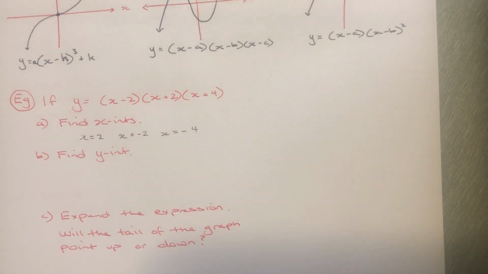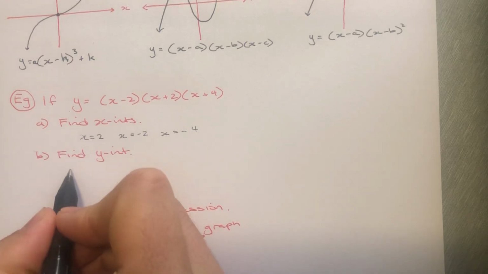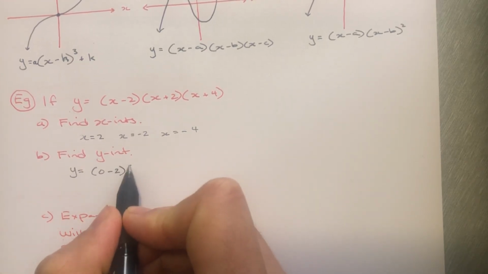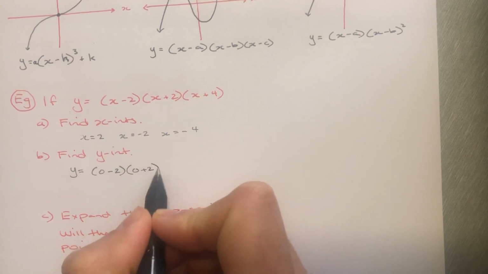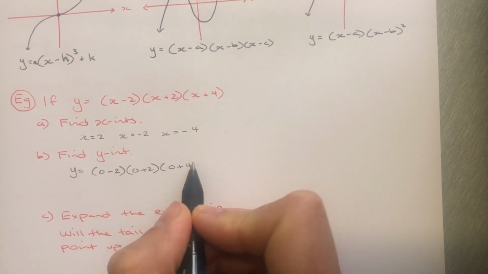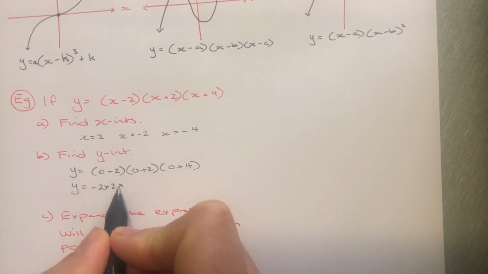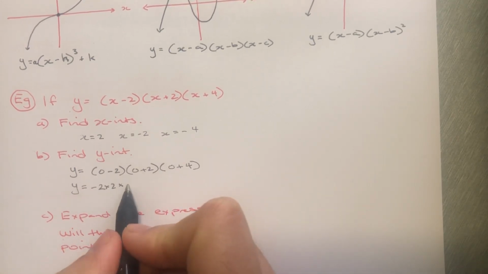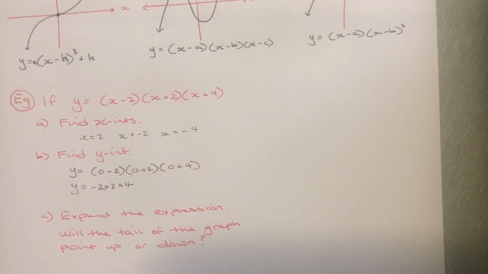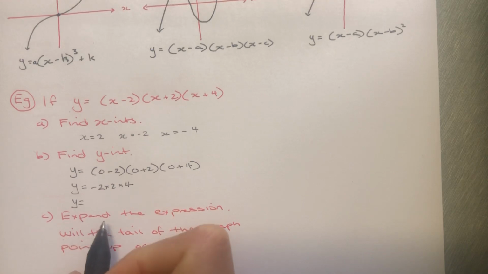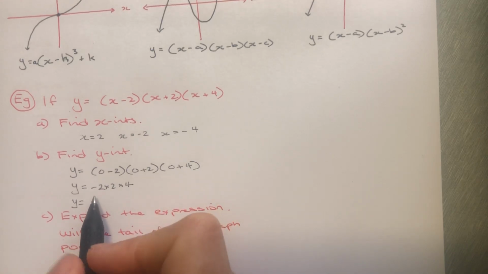The next thing we want to do is find our y-intercept. Now you find your y, as you know, by making x equal 0. So let's find out what it is. Okay, so minus 2 times minus 2, minus 2 times 2 is minus 4, times 4 is minus 16.